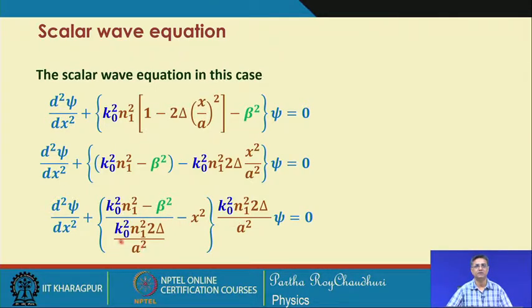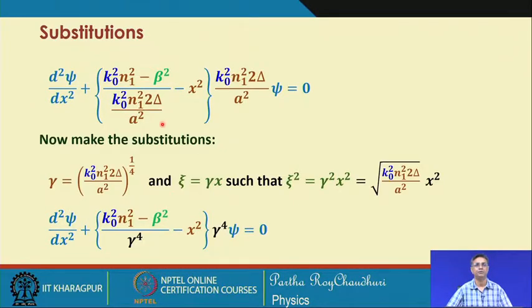So, by doing this, this is the quantity where beta we are looking for, x is the position in the waveguide direction, and these are all constants. Therefore, in this equation we can make a simple substitution, put gamma for this one, that is k 0 n 1 square twice delta by a square to the power of 1 by 4 equal to gamma.